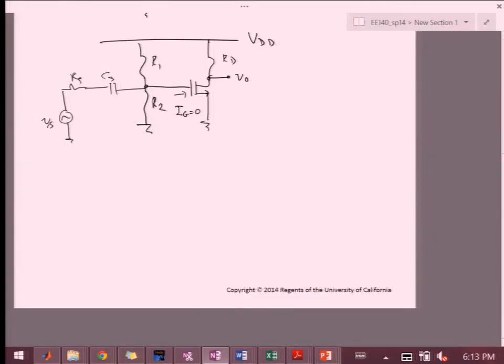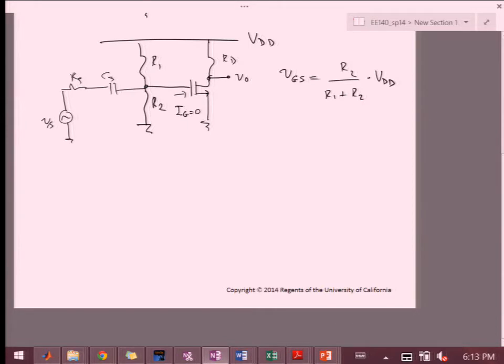Normally, if there's a little bit of leakage, there will be a fluctuation in current. So for all intents and purposes, it's easier because we can disregard the current flowing into this terminal. In this scenario, our VGS is just R2 over R1 plus R2 times VDD.